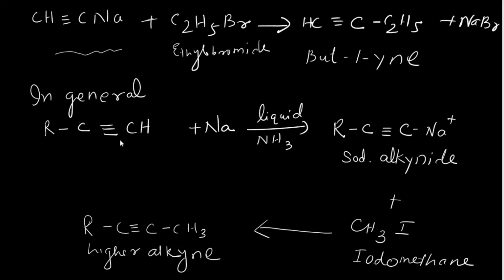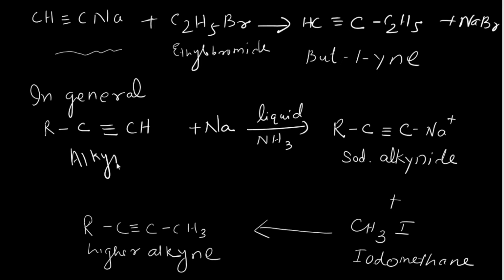Generally, how can you write it in general? There should be a triple bond, there should be hydrogen. So let's see, RC triple bond CNa. This is called alkynide. Alkynide means here the hydrogen is replaced by sodium. So this is the main important thing.